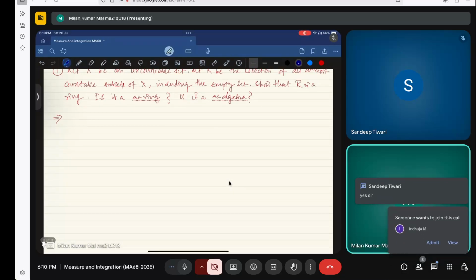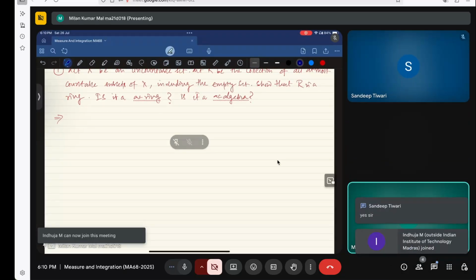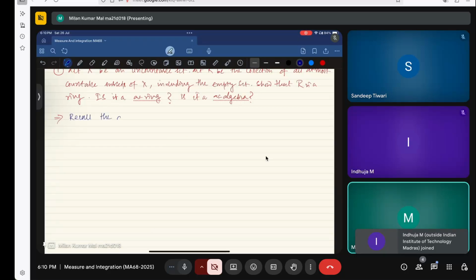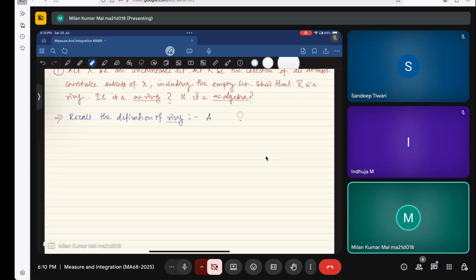So let's recall the definition of a ring.